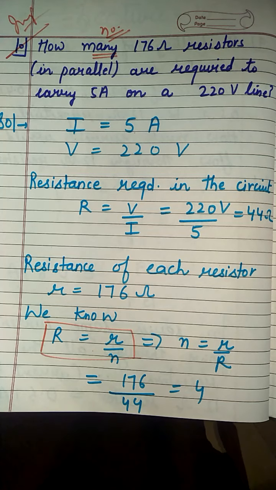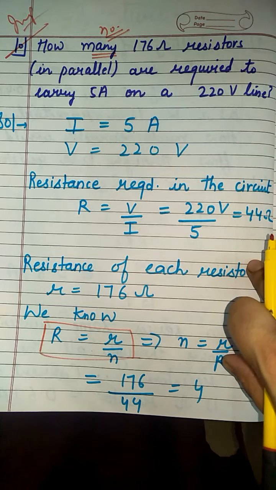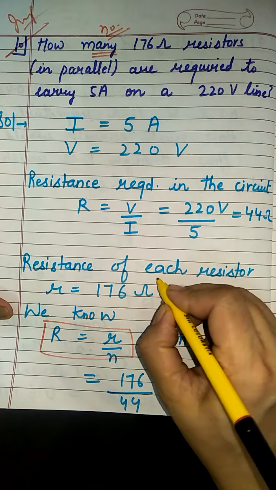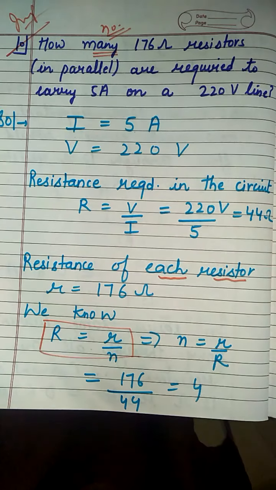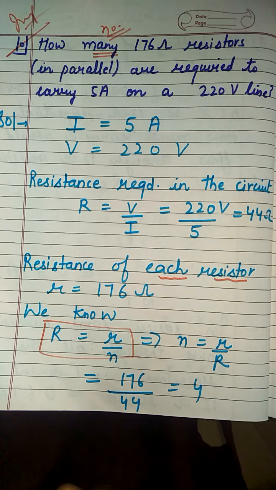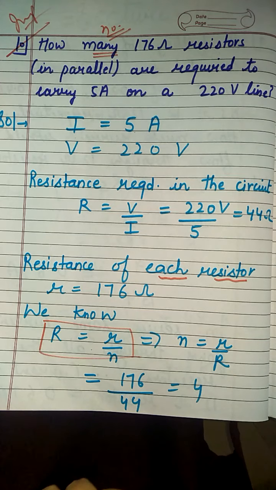Capital R is the resistance required in the circuit, whereas small r is the resistance of each resistor. And always remember, each resistor will have a bigger value than the resistance of the whole circuit. Why? Because in parallel combination the equivalent resistance will come out to be lower than the least value.